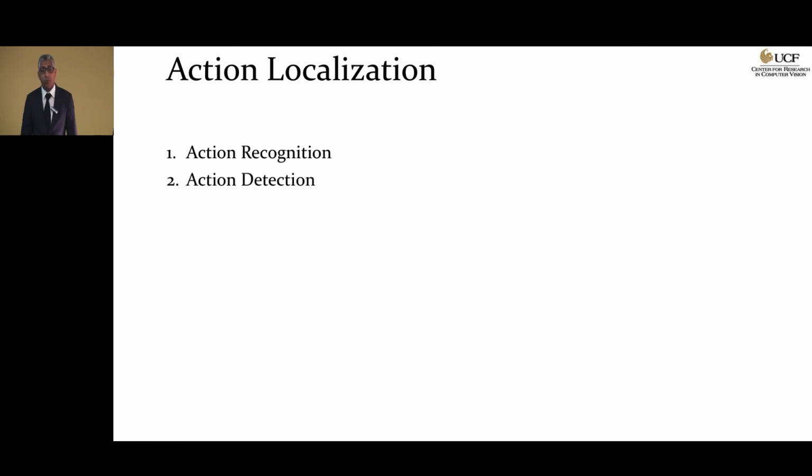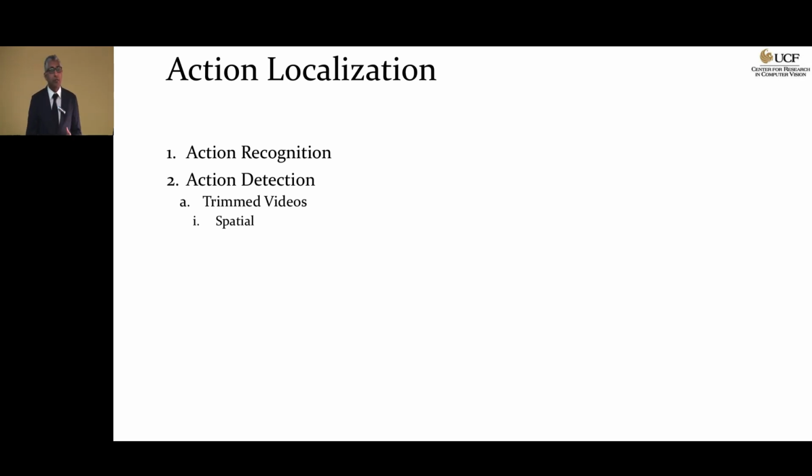Now, the task of action localization is a bit challenging, where not only do you need to recognize what the action is in a video, but you also need to detect where the action is. Now, this action detection can take place in two ways. First, you can do it in trimmed videos, which means that the videos are shortened to the length of the action itself, where the video starts where the action starts and ends when the action ends.